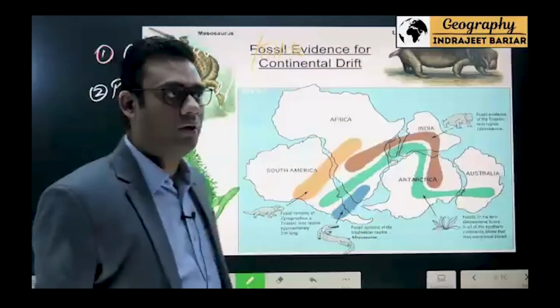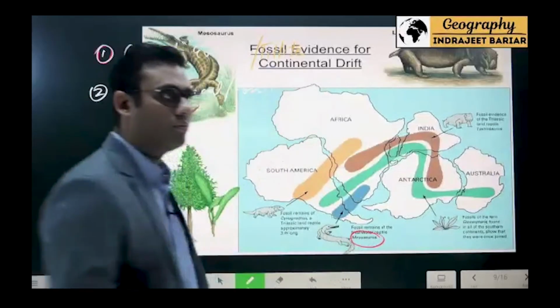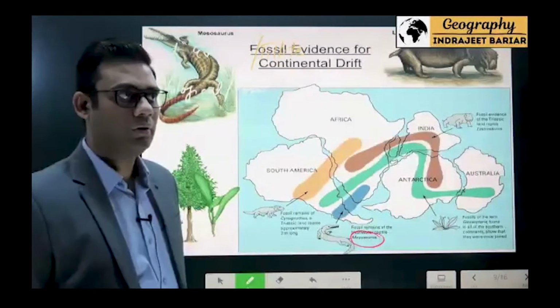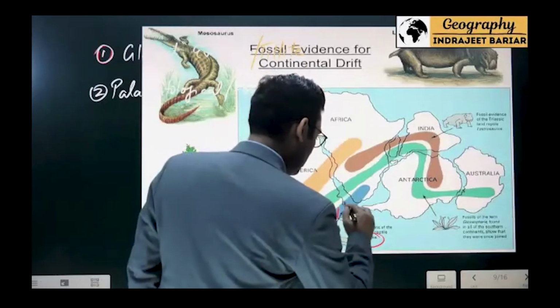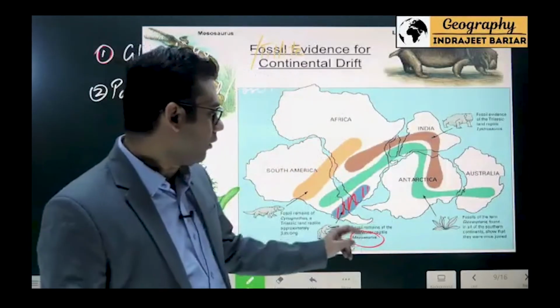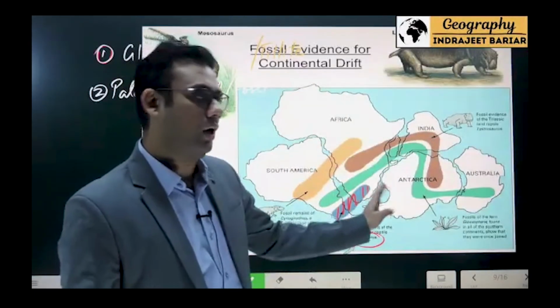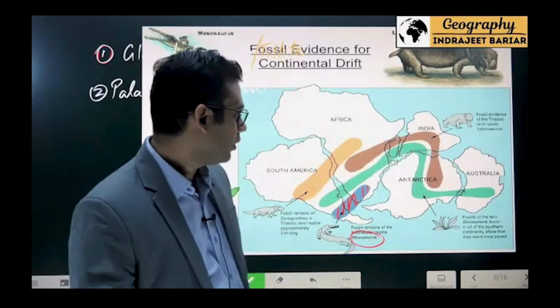The first and very important one that we have to know should be that of Mesosaurus. Mesosaurus fossils you can see distributed across what region? Across South Africa and South America. Chile, Argentina, and then you have South Africa.